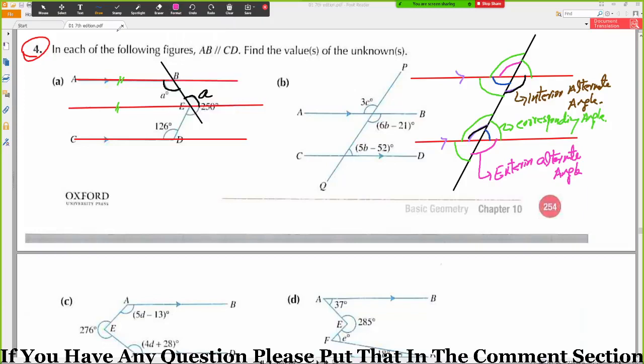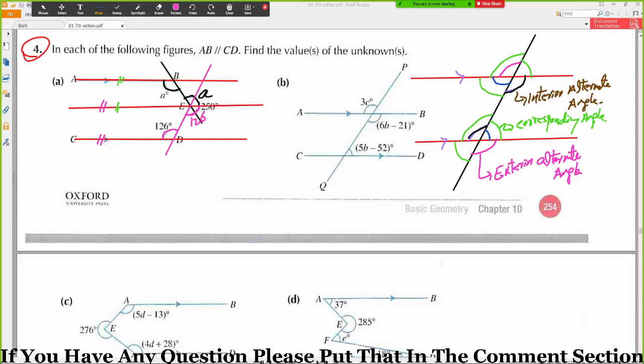Similarly, look here, this line is also crossing two parallel lines. This line is parallel to this line. So this is 126, so this will also be equal to 126. These two are the alternate angles, and these two angles will be equal to each other.